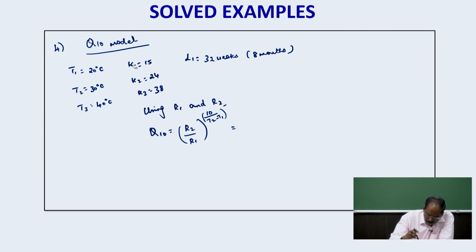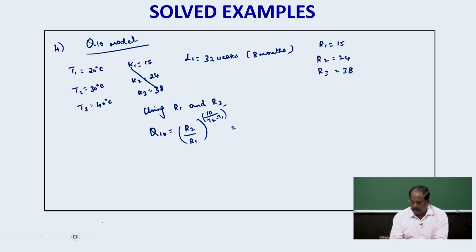These three will be R1, R2, R3, so R1 is 15, R2 is 24, and R3 is equal to 38. Let us substitute the values: R2 by R1, that is 24 by 15.